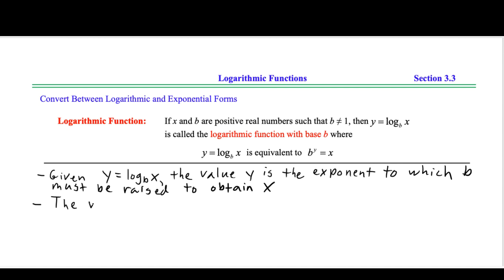The value of y is called the logarithm. The value of b is called the base.